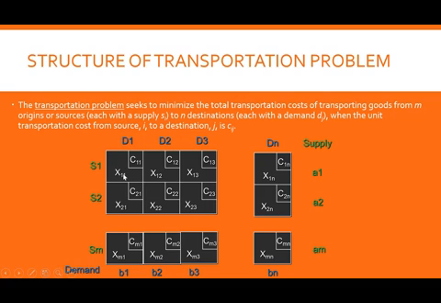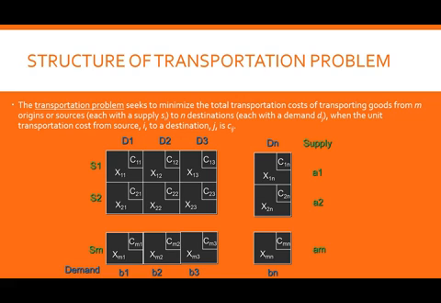So the number of allocations is 1, 2, then 3. I might be transporting from XM3, so that will be the fourth allocation. Then I might be transporting a certain quantity at XMN, so that will be the fifth allocation. So an allocation means Xij values being greater than 0.